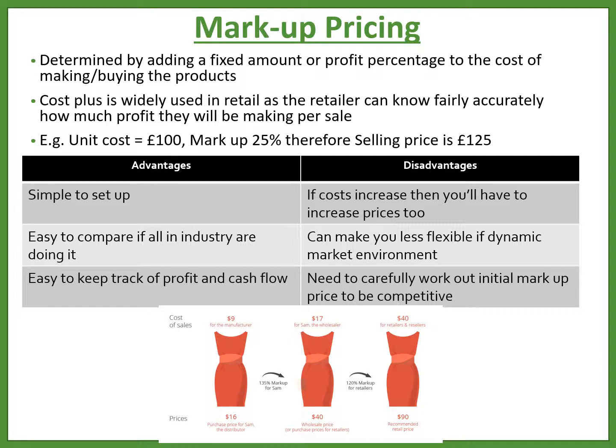And then the retailer will come along, purchase it for 40, and then the recommended retail price might be 90. So you can actually see that a dress that started off at £9, or $9, sorry, can end up at $90 quite quickly just by going through the different distribution channels, from the wholesaler to the retailer, then finally to the customer.